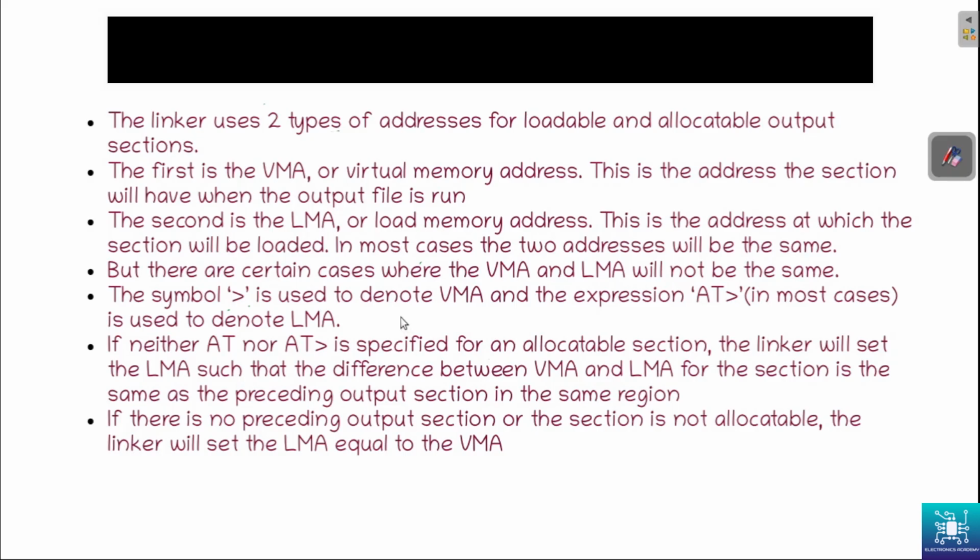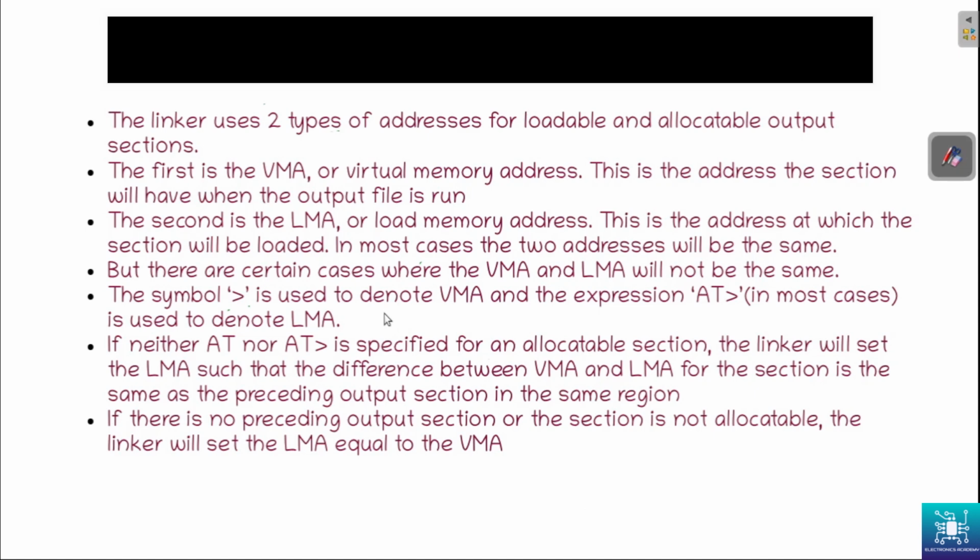So the linker uses two types of addresses for loadable and allocatable output sections. We saw that. The first is the VMA, or the virtual memory address, and this is the address the section will have when the output file is run. That is, the code will point to virtual memory addresses. The second is the LMA, or the load memory address. This is the address at which the section will be loaded.